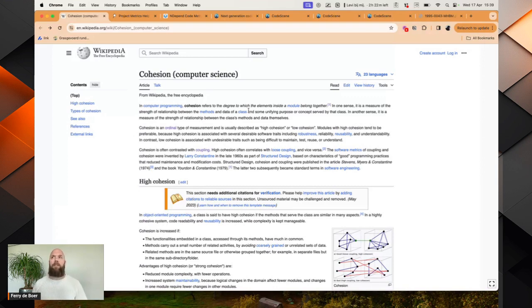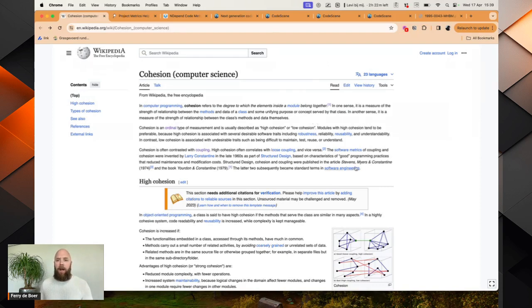Technically, just consider modules, or we had this discussion where React components could be considered modules. But it's about, as it says here as well, a measure of the strength of a relationship between the methods or the behavior and the data of a class or a module. So, this can be confusing.